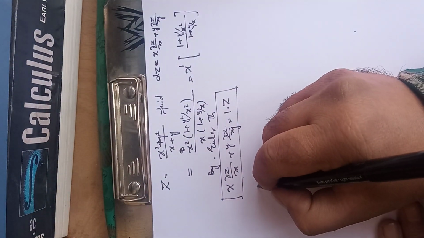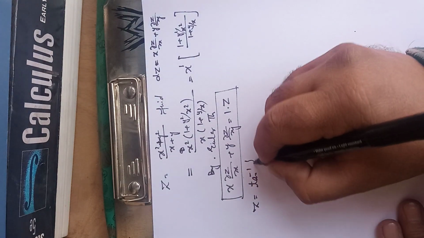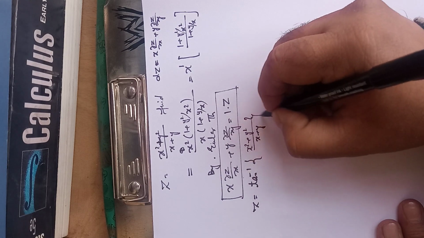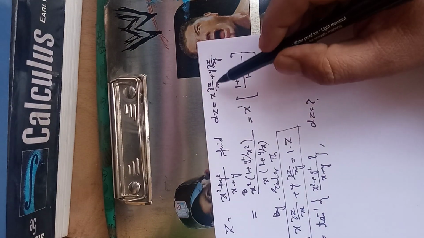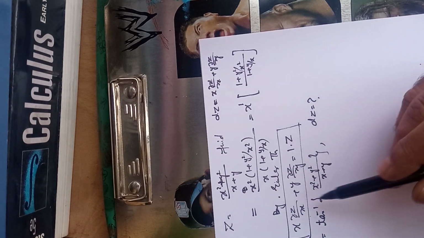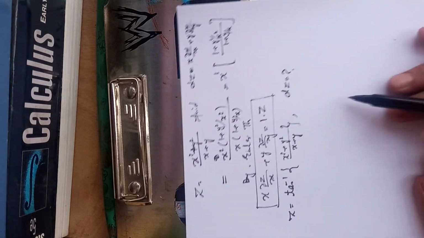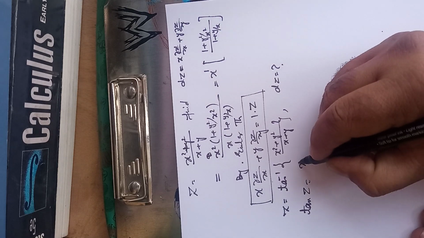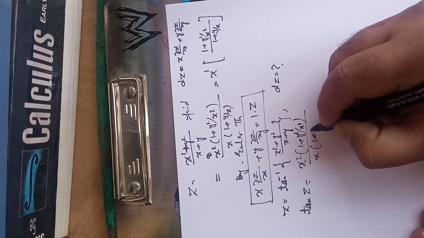Now see, let me suppose z is equal to tan inverse. Again the same question, (x square plus y square) by (x plus y), and let me suppose that I have to find x del z by del x plus y del z by del y. Then as per this, I have to find del z by del x and del z by del y. The derivative of tan inverse will be 1 upon 1 plus this square. Then the partial derivative of this with respect to x first, then with respect to y. I will not do that. I will write it as tan z is x square (1 plus y square by x square) over x (1 plus y by x).